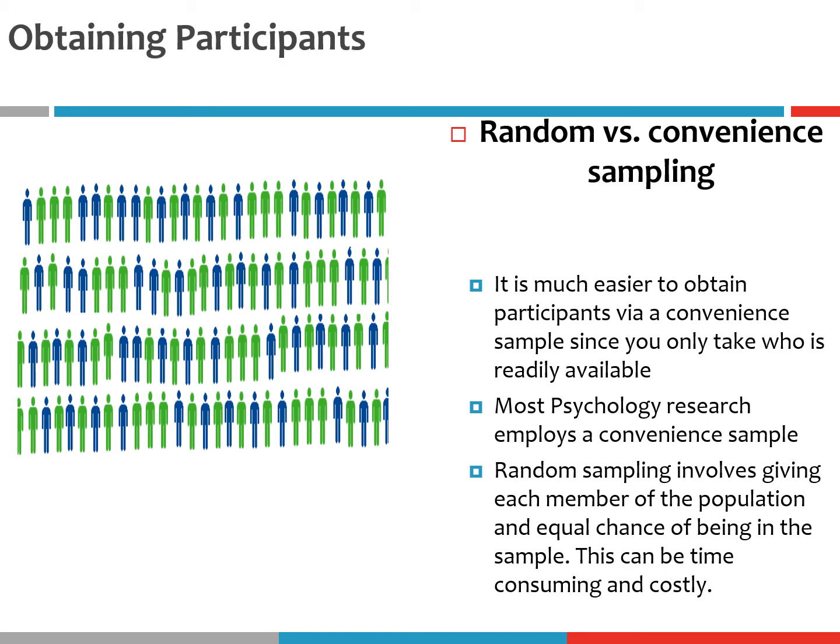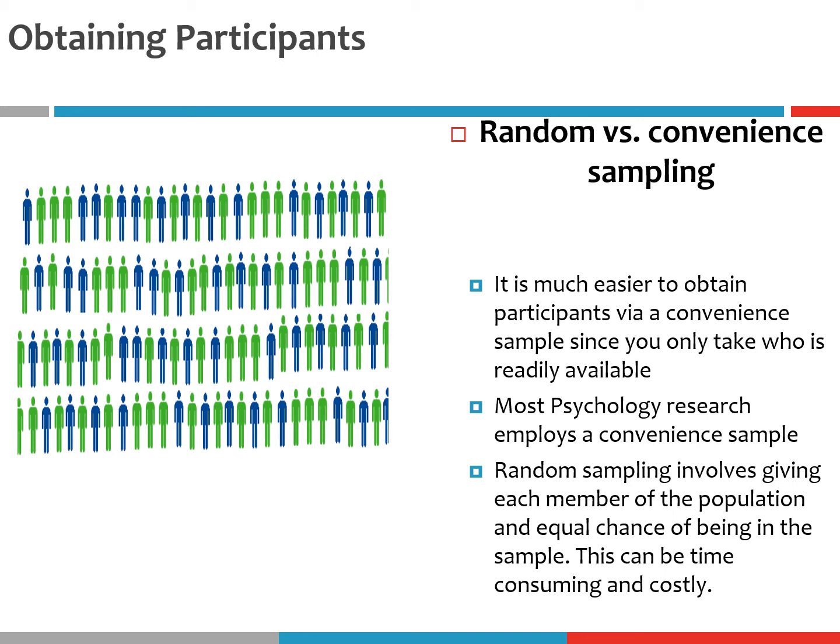Maybe these are students that take morning and afternoon classes, and those students are different than the students that take night and weekend classes. Maybe those students that eat at the cafeteria are somehow different than students that bring their own lunch, or students that go outside and eat somewhere else. Possibly, right? You're just grabbing whoever's available.